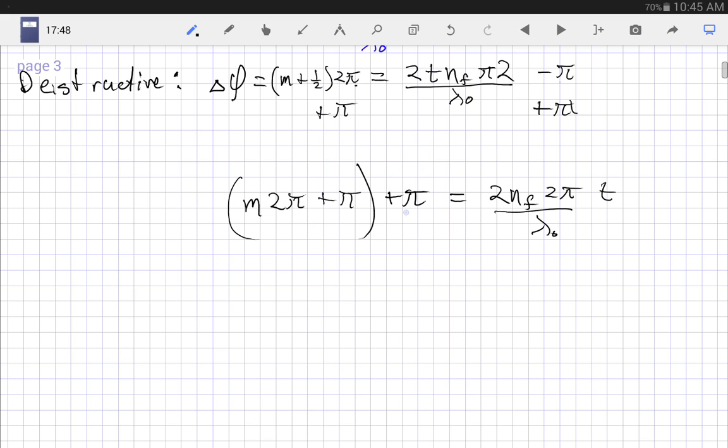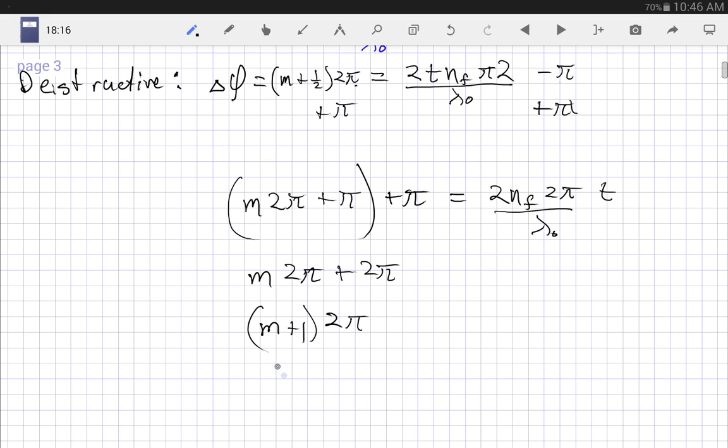If I take this and add them together, I have m times 2 pi plus 2 pi. Remember, m is just an integer, and so the plus 2 pi is just going to be another integer. Right, m plus 1 is an integer if m is an integer.